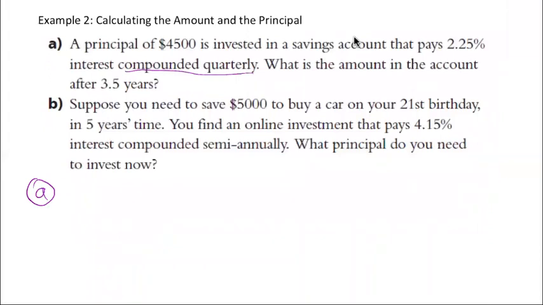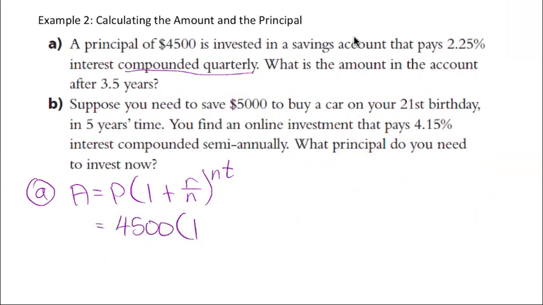Here's A. A is equal to P bracket 1 plus R over N, to the power of N times T. My principal is $4,500. 1 plus my interest rate as a decimal, 2.25 would be 0.0225.